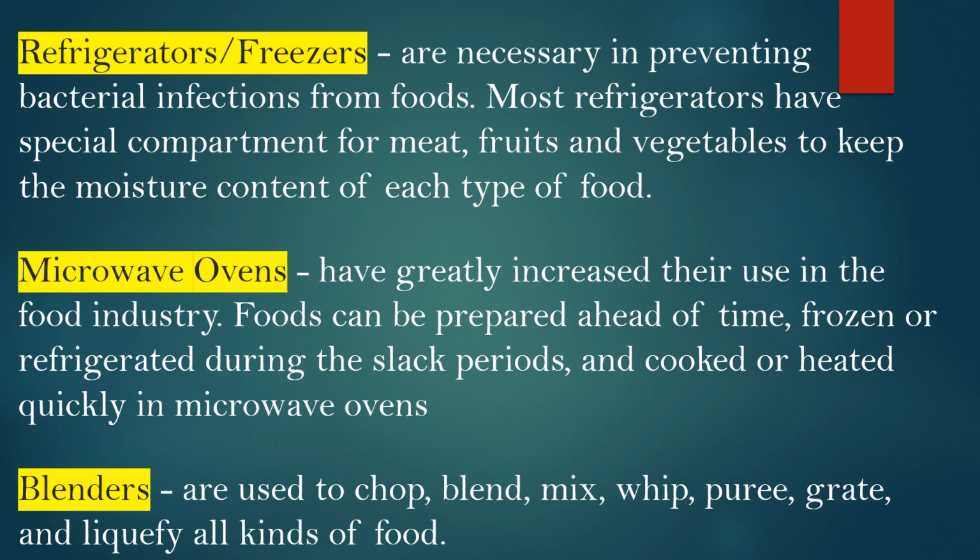They have greatly increased their use in the food industry. Yung sa microwave oven natin, food can be prepared ahead of time, frozen or refrigerated during the slack periods, and cooked or heated quickly in the microwave ovens. And then we have the blenders.